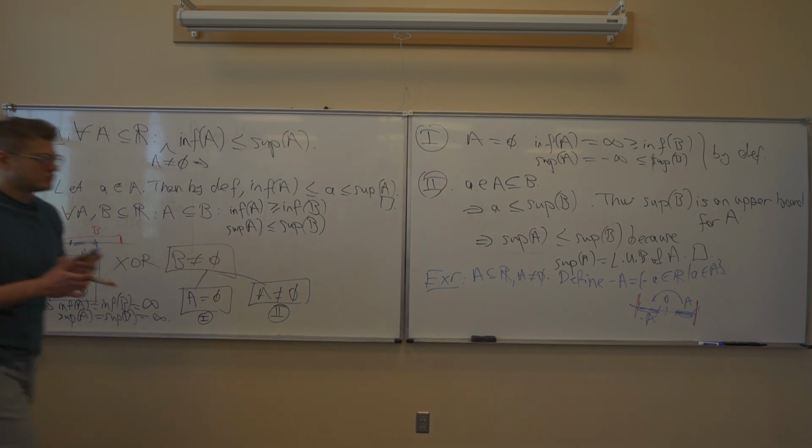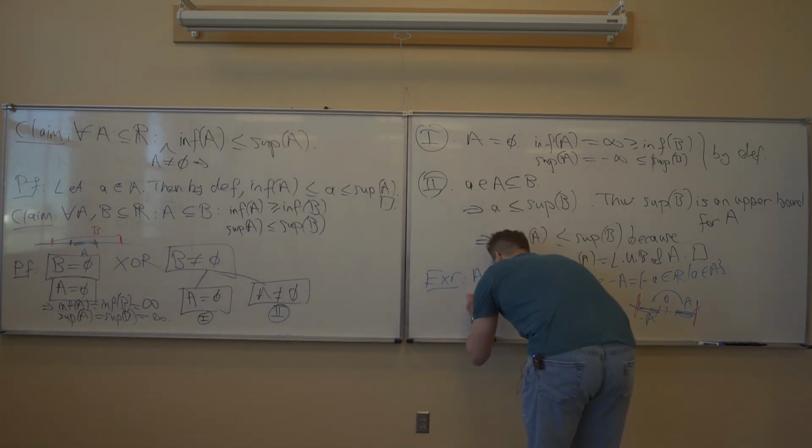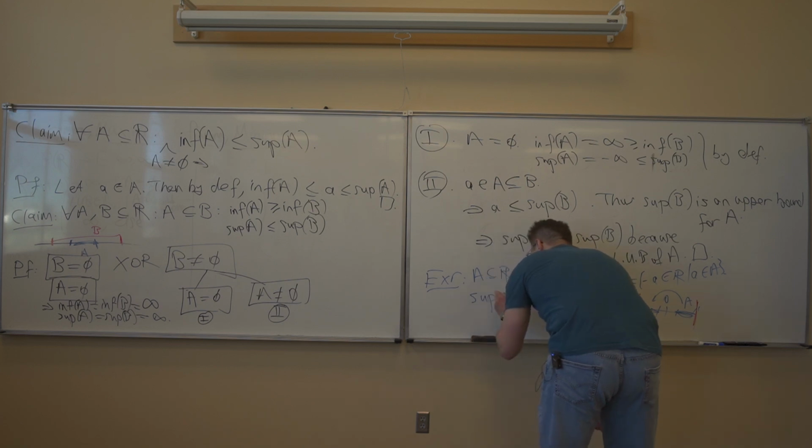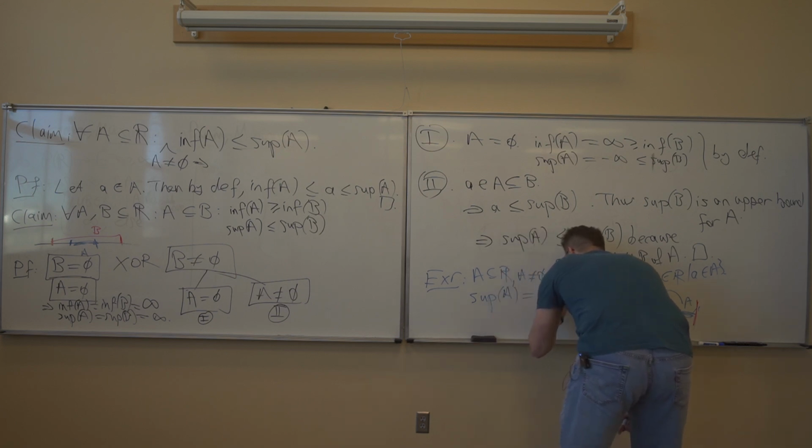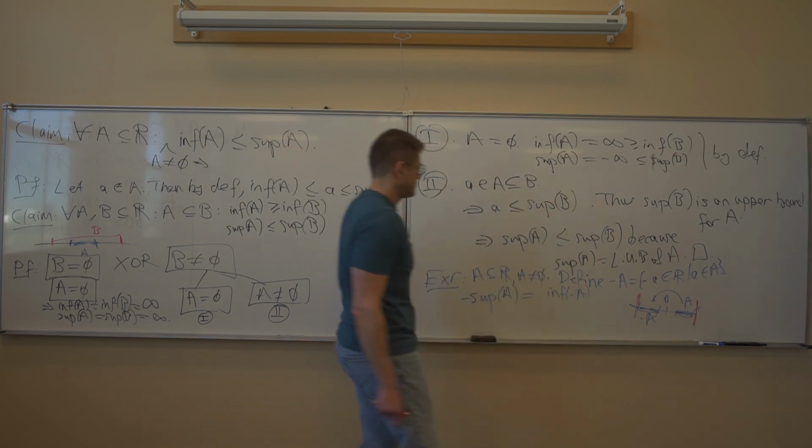And indeed, that is true. So maybe I should write it like this. Sup of A, and then I want to relate it to inf of minus A. I'm saying this is this.